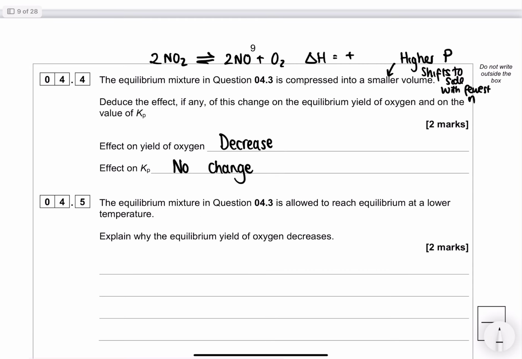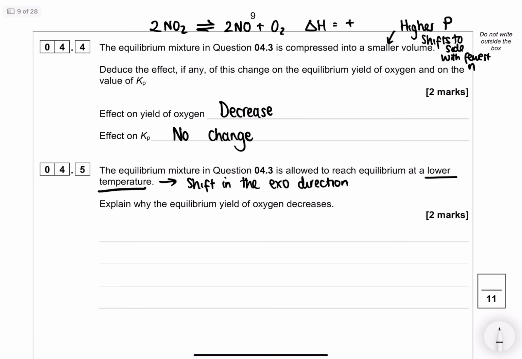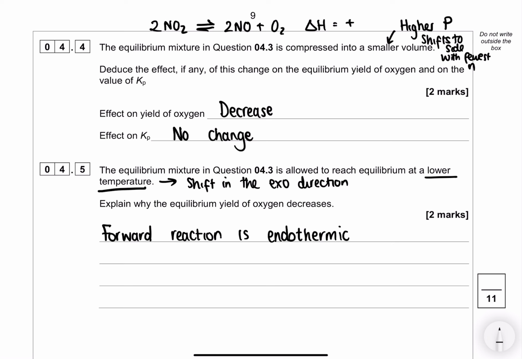The equilibrium is allowed to reach at a lower temperature. When we lower the temperature, we shift in the exothermic direction to heat it back up again to oppose the change. So the first thing we need to write down is just to state what's given. Forward reaction is endothermic. That was because it had a positive number for its enthalpy change.